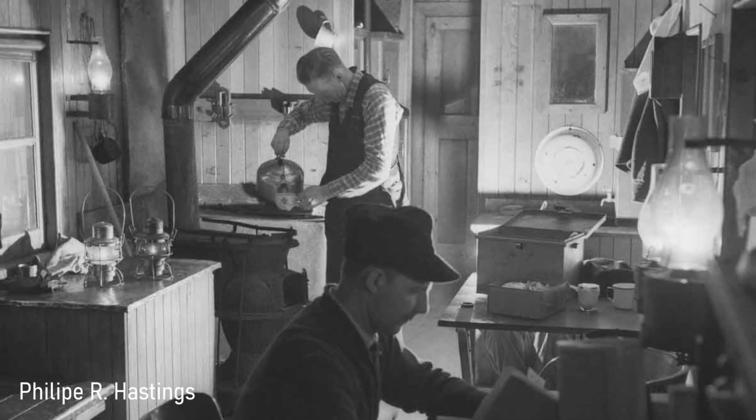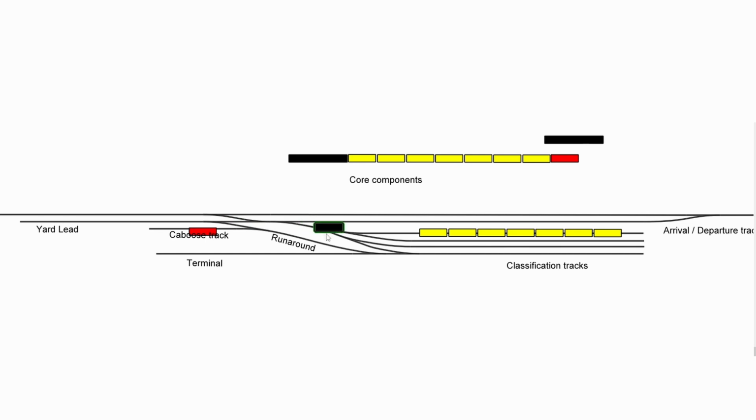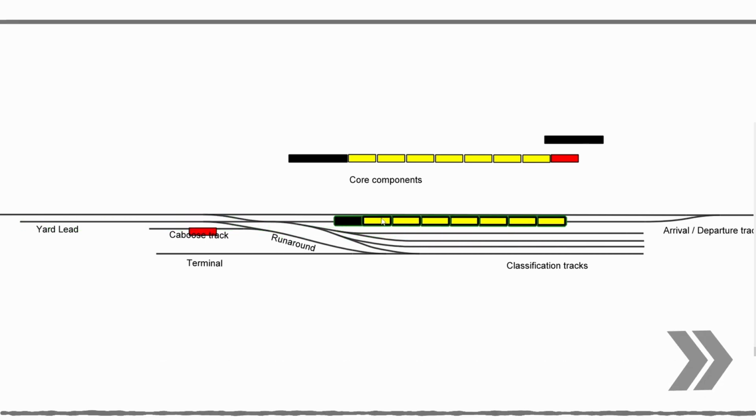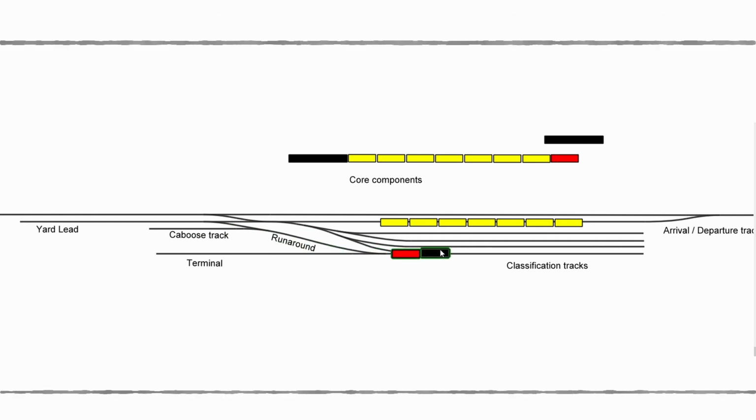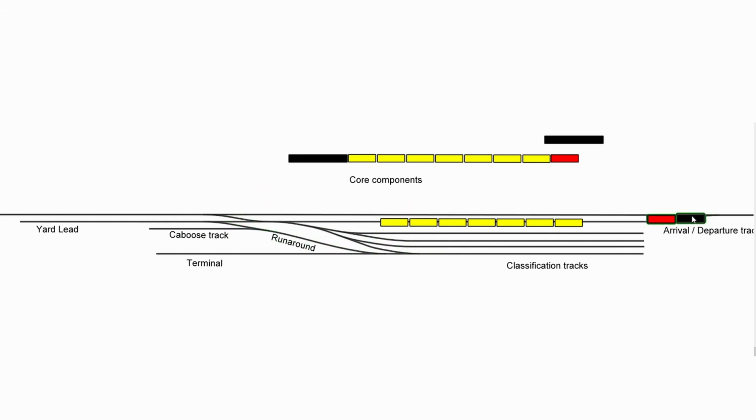So that's not how they did it. How they would do it is they would first spot all the cars on the arrival-departure track, then gently park the caboose to the end of the train, after which the main engine would come out of the terminal and just connect to the train, and then this whole unit would depart and make its run, just like that.